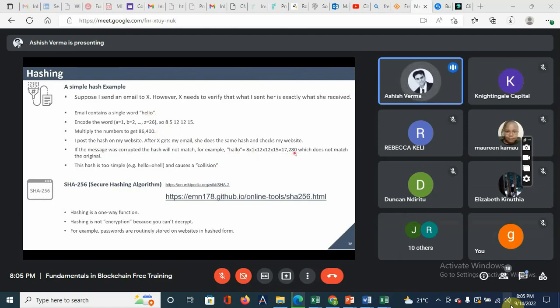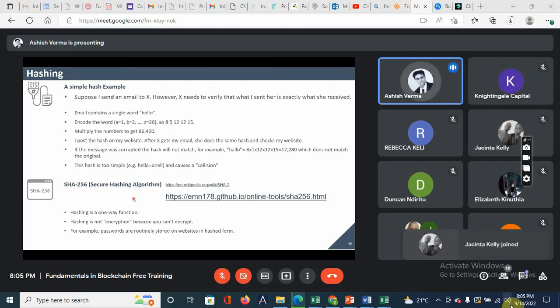When these two results do not match, we say that the message has been tampered with. This is a very basic example of a hash, of how you can encode something into a particular message, and that may result in verification of a particular set of numbers or digits, or maybe any message.